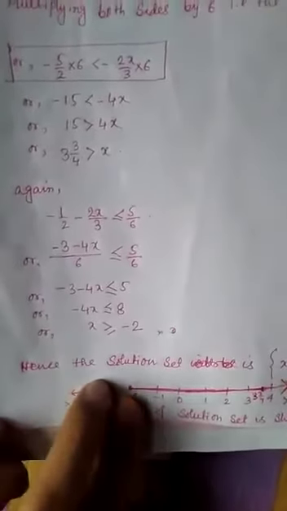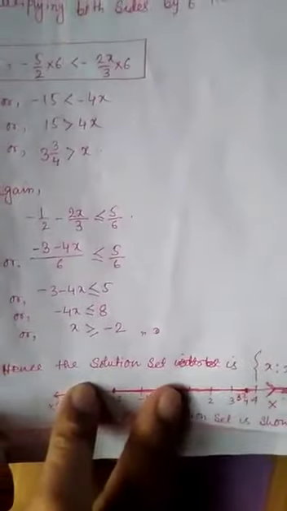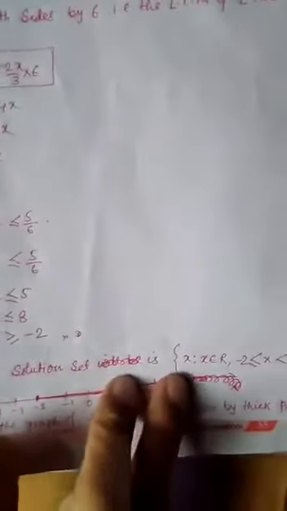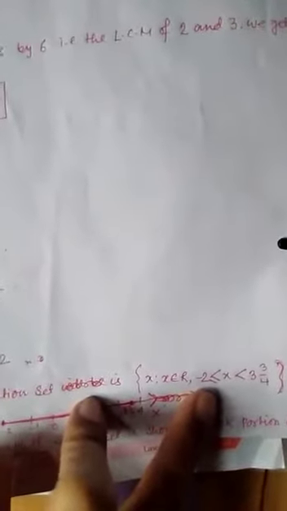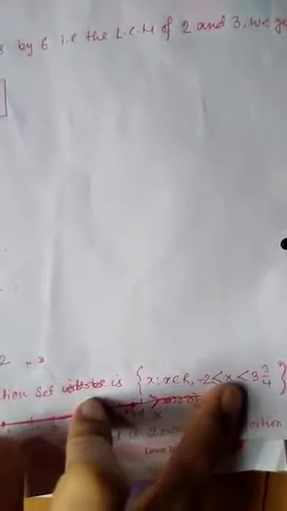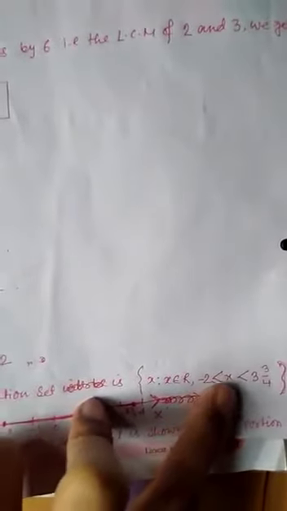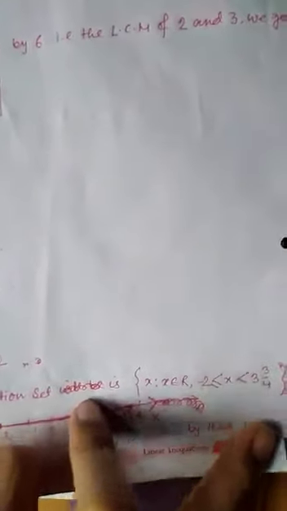Now the solution set for this inequation will be: x such that x belongs to R, minus 2 less than or equals to x less than or equals to 3 by 4.